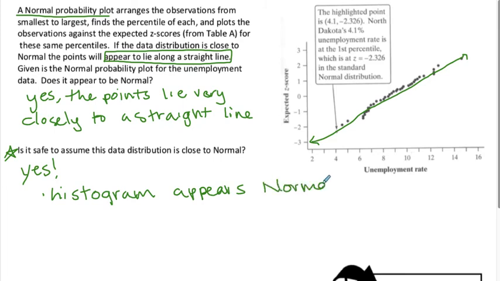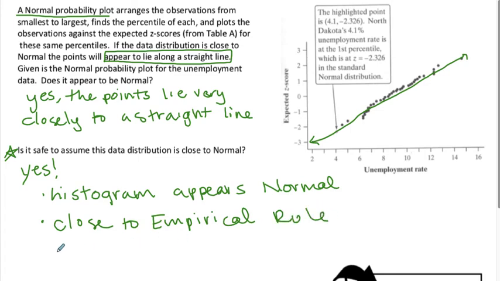And so when we say it appears normal, it has that single peak, bell shape, roughly symmetric idea. It's close to the empirical rule. And then we would say the normal probability plot appears linear.